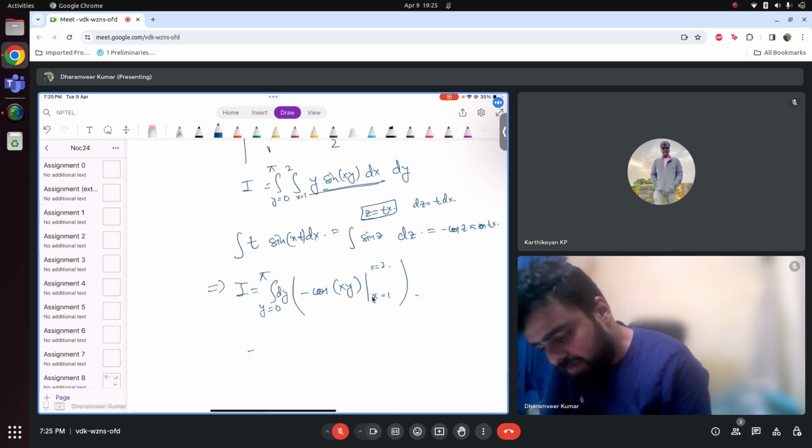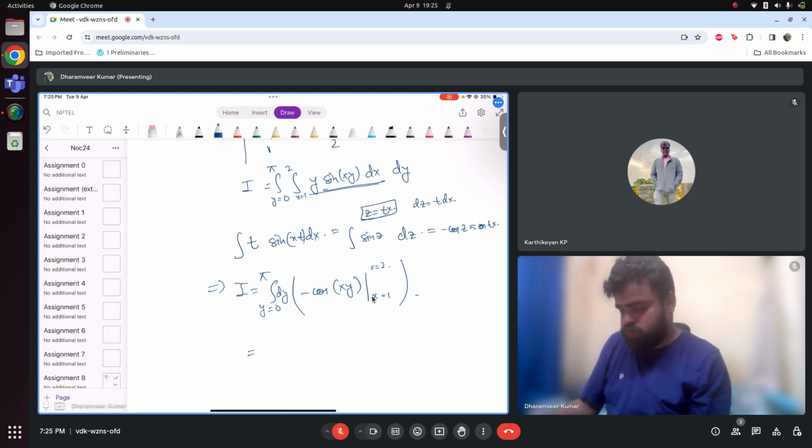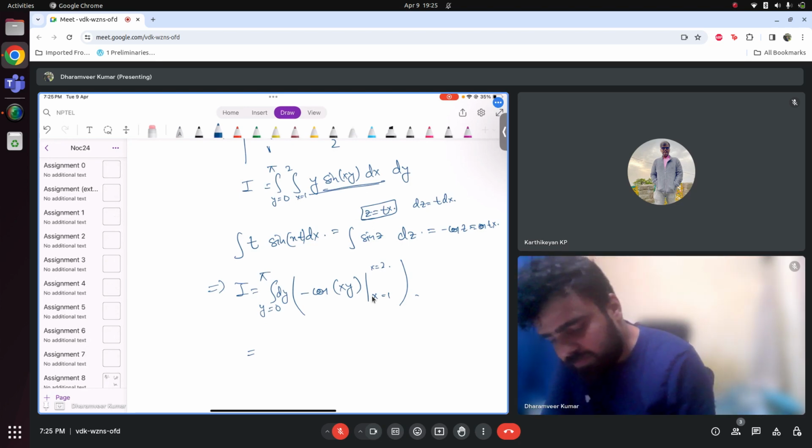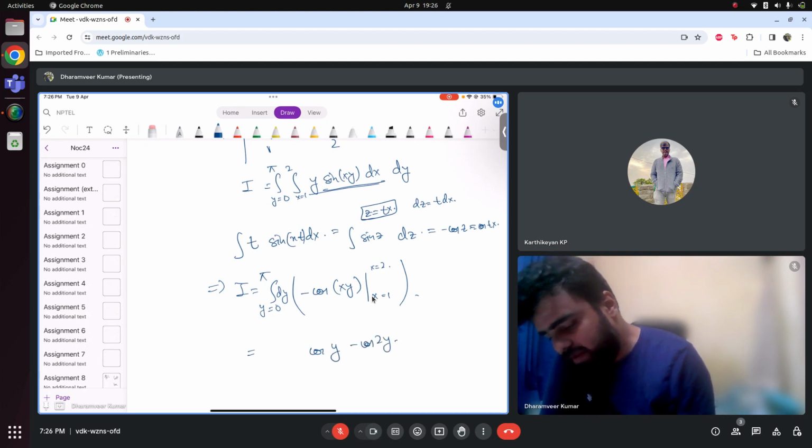Okay, x equal to 1 is minus cos, and for the second limit there will be a minus sign, so it will become cos y minus cos 2y. Okay, and you have to integrate this.